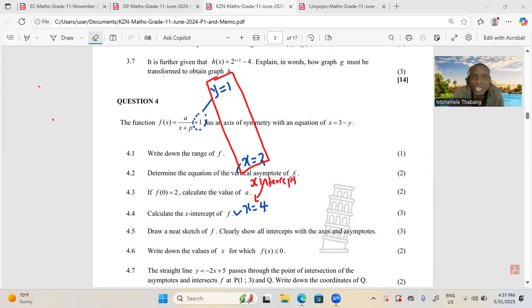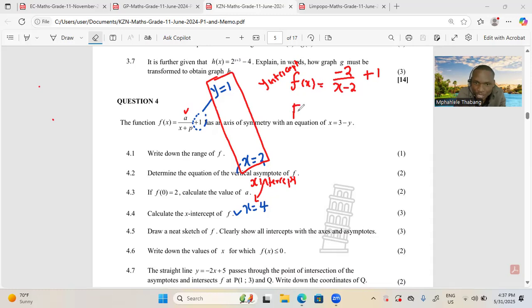I said to sketch a hyperbola graph, you need the x-intercept, you need the y-intercept, you also need the asymptotes. So I have to find the y-intercept. f of x equals, remember this a we know is negative 2. How do we find the y-intercept? We let x be 0.